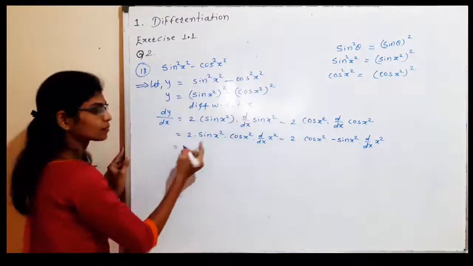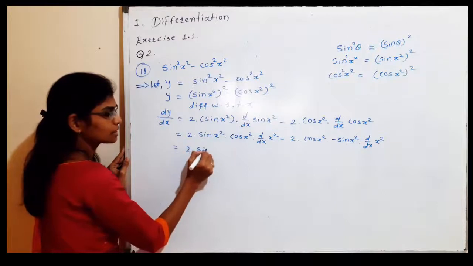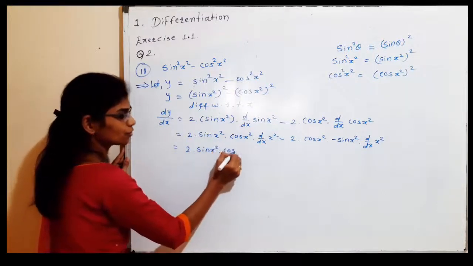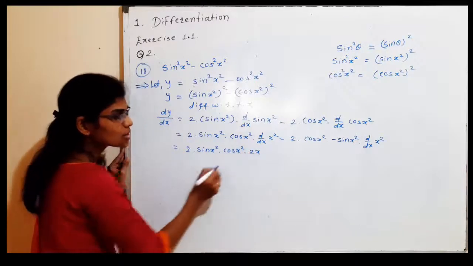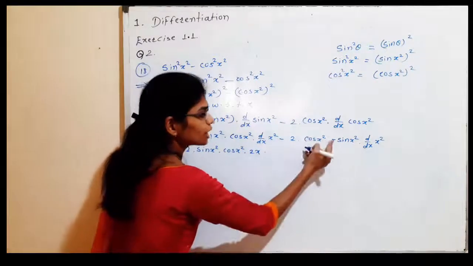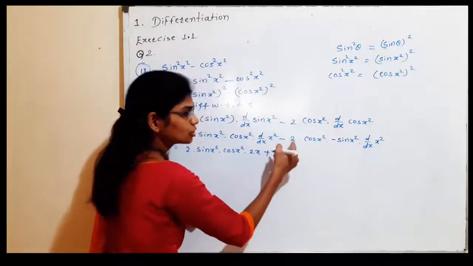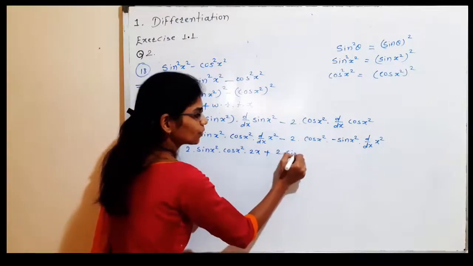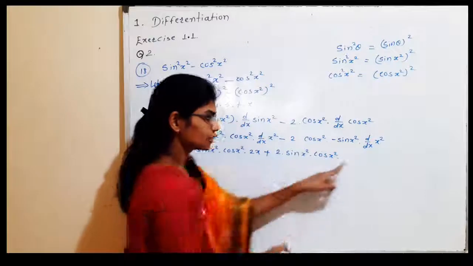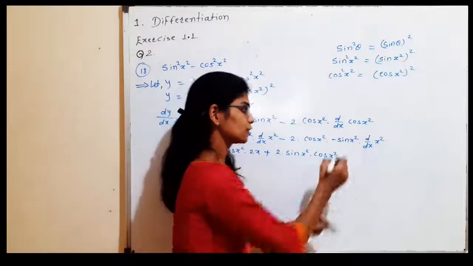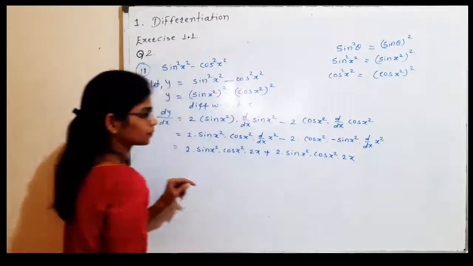At the next step, that is 2 multiply by sin of x square into cos of x square, multiply by the derivative of x square, which is 2x, minus, into that minus gets plus, 2 into sin of x square multiply by cos of x square multiply by the derivative of x square, which is 2x.